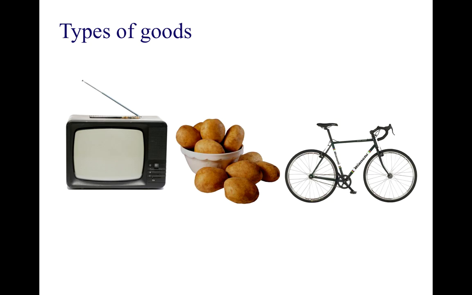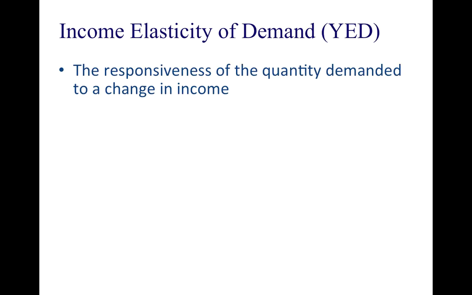Okay, now looking at income elasticity of demand, or sometimes written as YED with the letter Y. So these are some products that, well, this looks like quite a nice bike actually, but I'm going to come back to these pictures in a second, so that you can understand this concept. Income elasticity of demand is measuring the responsiveness of the quantity demanded to a change in income.